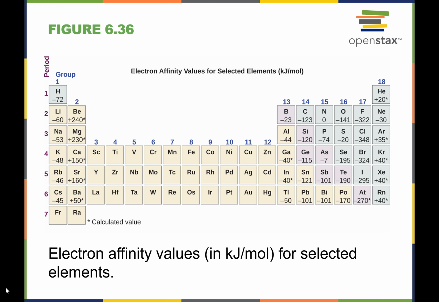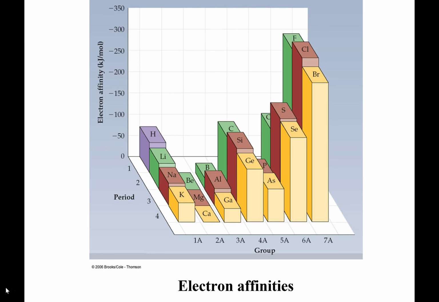So we can see here are some electron affinities. They're not as negative as these. Interesting. Mixed bag, is what it seems like to me. Not the prettiest trend I've seen.